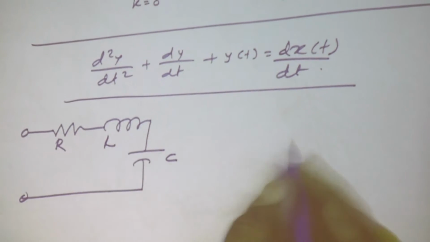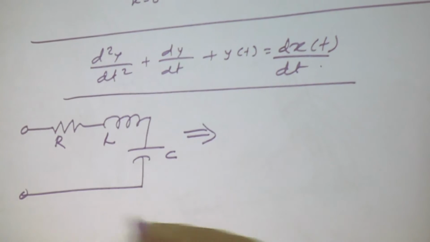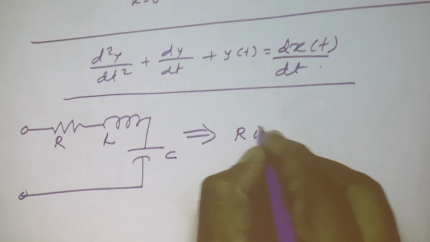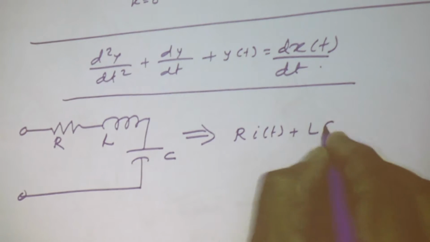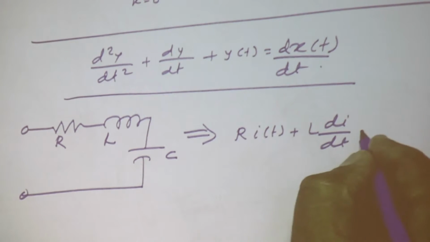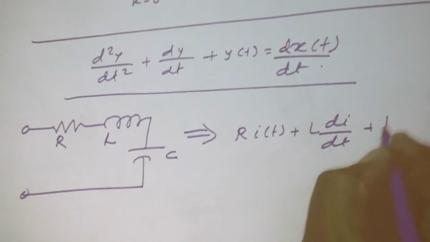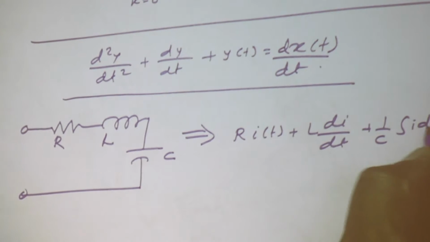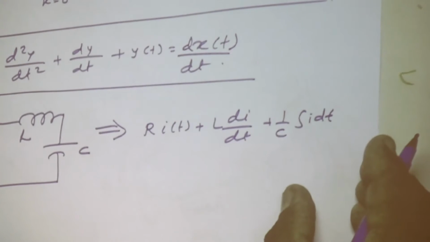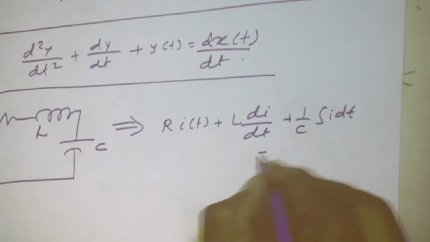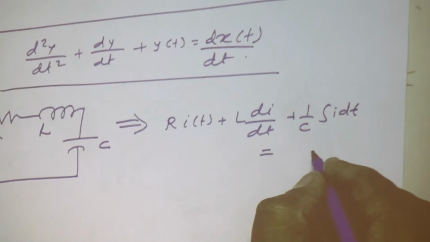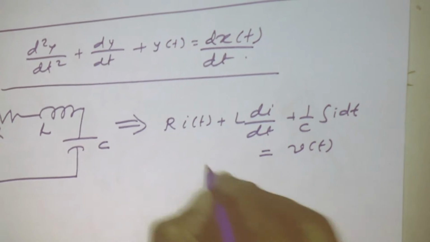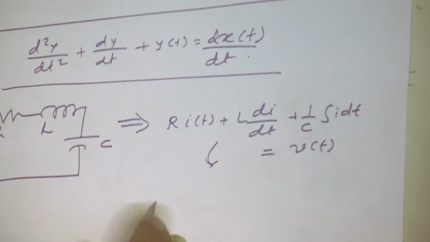So what is the corresponding governing equation of this system? This is R times i(t) plus L di by dt plus 1 over C integral i dt is equal to what? v(t). When you differentiate it once, what do you get?